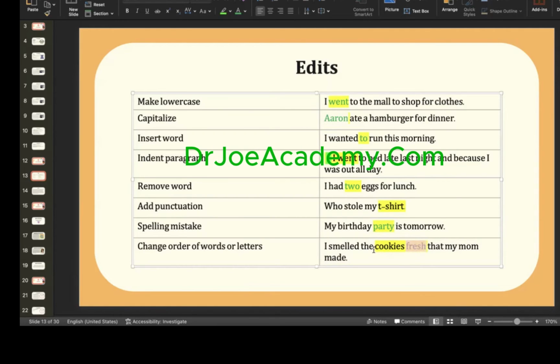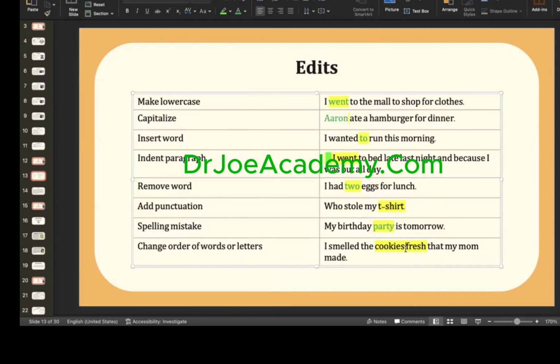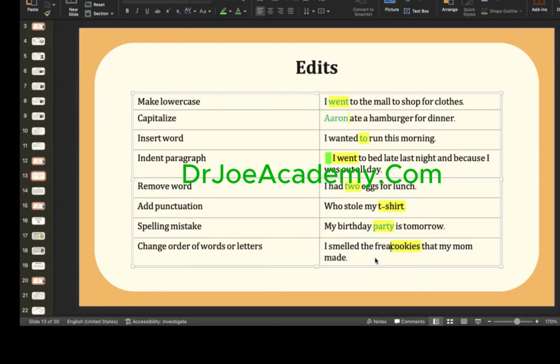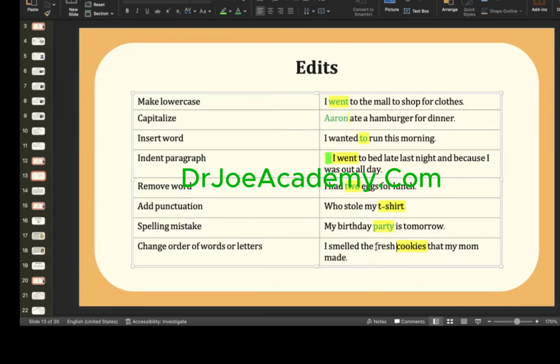Do we put the adjective before the noun or after the noun, Hannah? Before, right. So it should say not cookies fresh, but what should it say? Fresh cookies. Good, right? So we want to make sure we put our adjectives in the correct space before our noun. And what's our noun here, Hannah? What's our noun in the sentence?